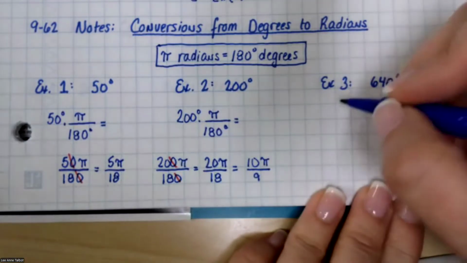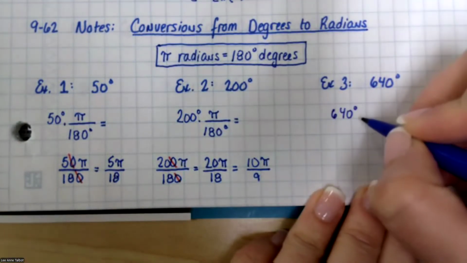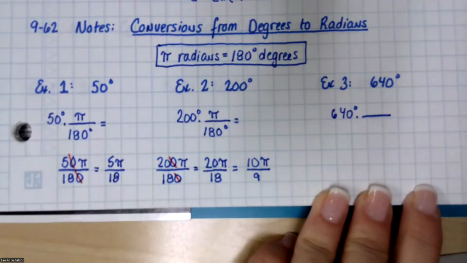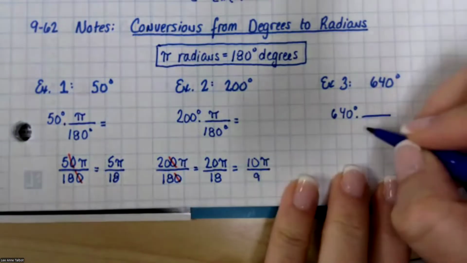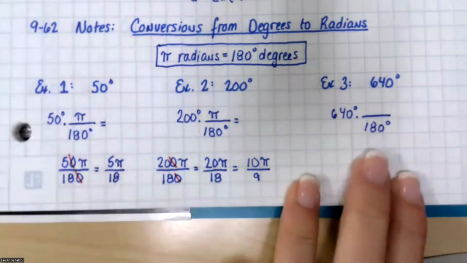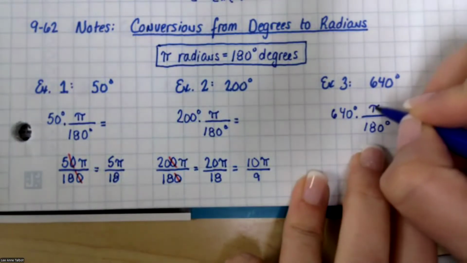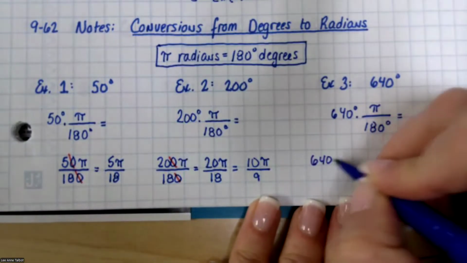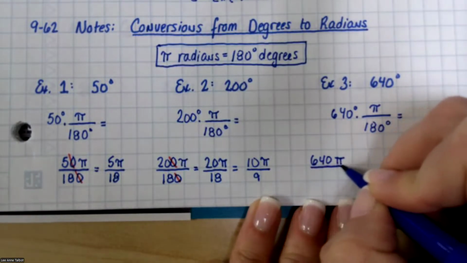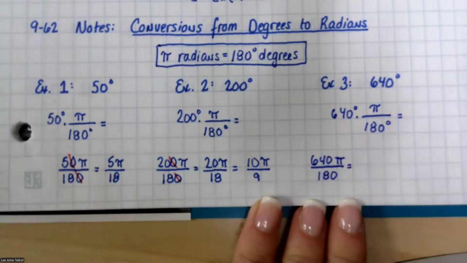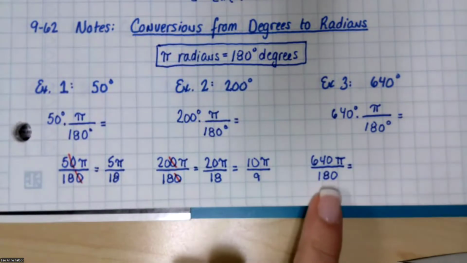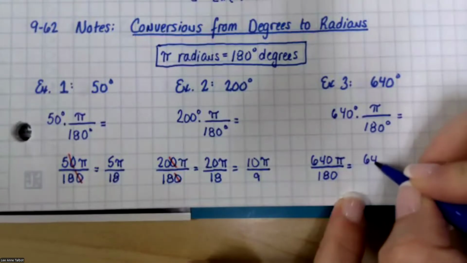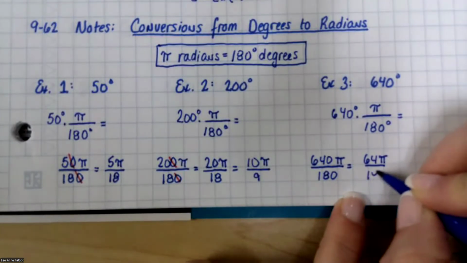Okay, 640. 640 times a line. Degrees is on the top, so I want degrees on the bottom to cancel. Pi on top. Okay. So do you guys like canceling out the zeros first too? Okay, so 64 pi over 18.